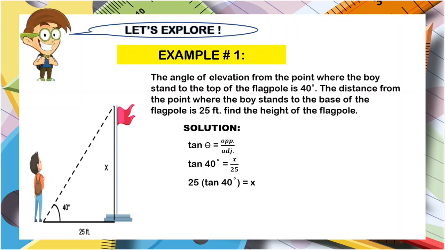We have 25 multiplied by tangent 40 degrees equals x. Solving, we have x equals 20.98 feet, or simply 21 feet. Therefore, the height of the flagpole is 20.98 feet, or 21 feet.